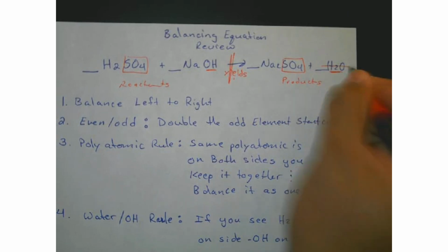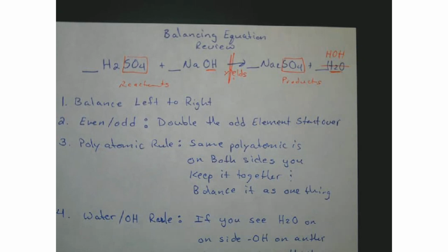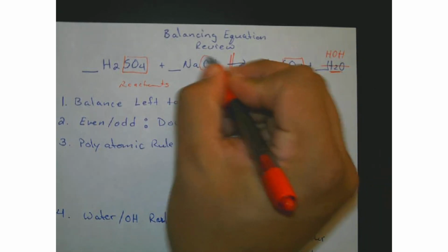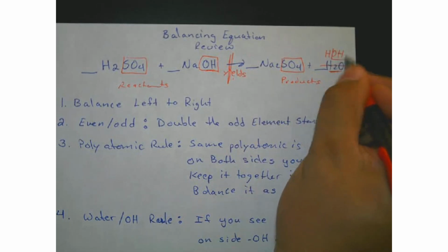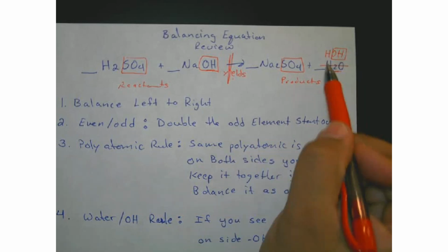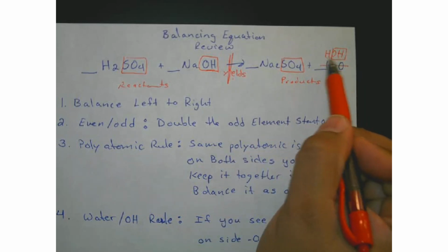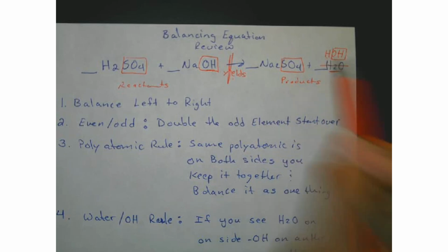I'm going to turn water into HOH, and now I can use the polyatomic rule, because look what we have here. I have the polyatomic hydroxide right here, and now I can use this hydroxide and keep it together. Now I can separate. I'm going to balance hydrogen and hydroxide separately because this is a hydroxide right here, not a hydrogen. Hydroxide with a hydrogen on the front.